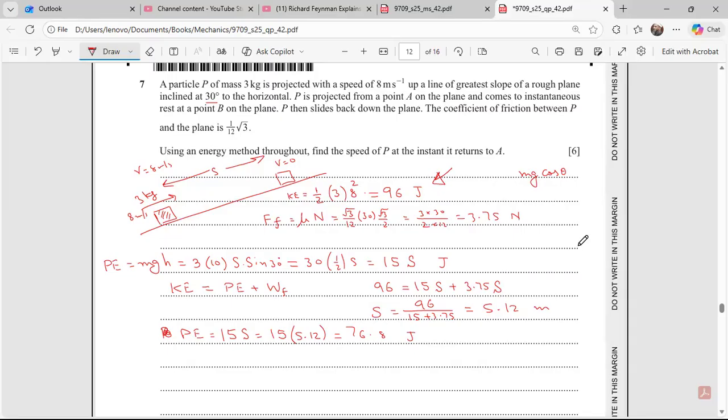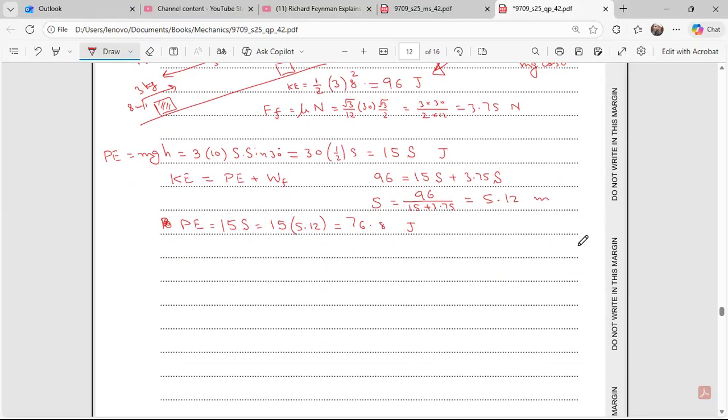Now it will come down, it will slide down. Whatever its potential energy over here, it will convert into kinetic energy and the work done against the friction. So this potential energy, which is 76.8, is equal to kinetic energy when it reached down, which is half mv square, plus work done against friction.